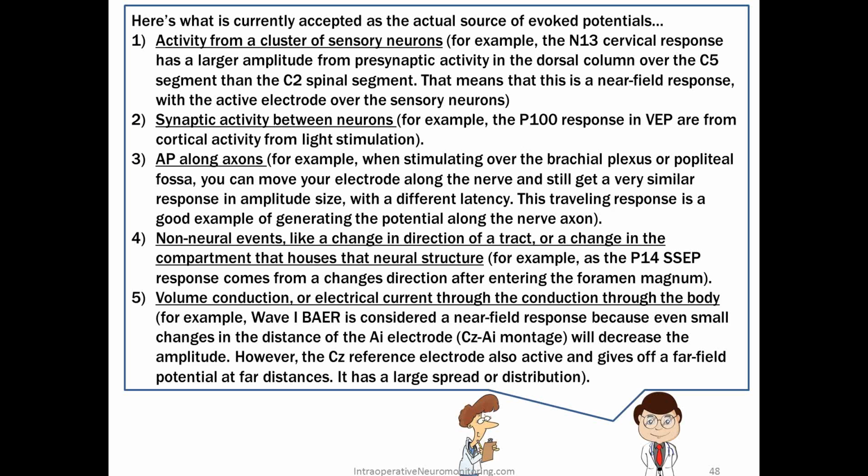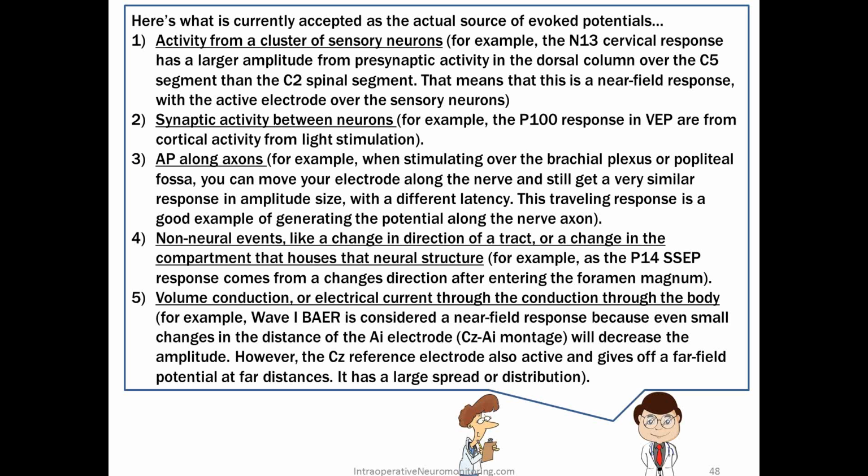But if you were actually dissecting out the nerve and had an electrode directly on the nerve at the elbow and directly on the nerve at the bicep, you should have a similar amplitude in size, but the latency will be different. And that's called a traveling response. This traveling response is a good example of generating the potential along the nerve axon.